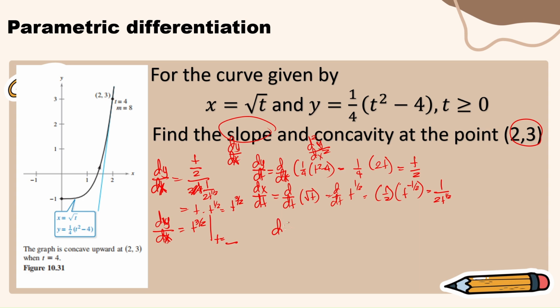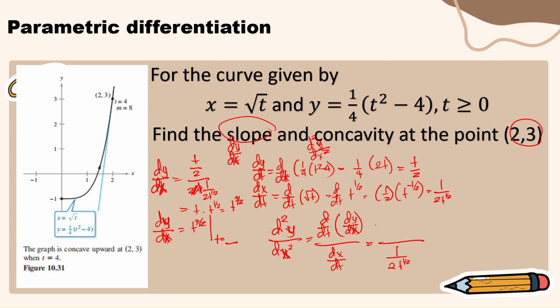Bali, concavity is defined as the second derivative. So, kailangan natin makuha si second derivative. At sa second derivative, that is simply the derivative of our first derivative divided by dx over dt. Yung denominator, meron na tayo dyan kasi right away, that is just 1 over 2t raised to 1 half. But what will be our numerator?